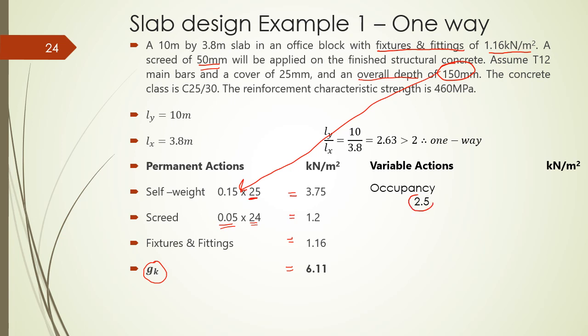So Qk is equal to 2.5 kilonewton per meter squared. Then we will compute the value of the design load, n, given as 1.35 Gk plus 1.5 Qk, to get that n is equal to 12 kilonewton per meter squared.